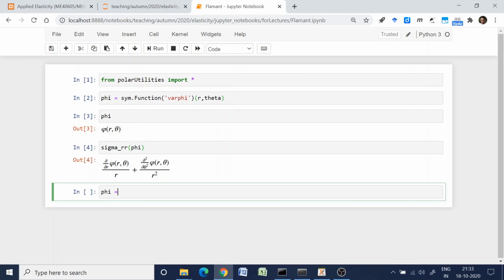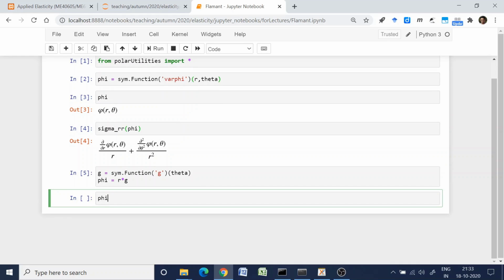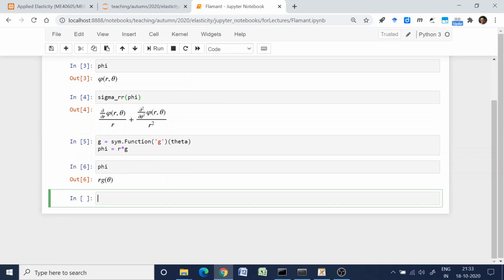First of all, of course, we have to define this g. So this is r into g.